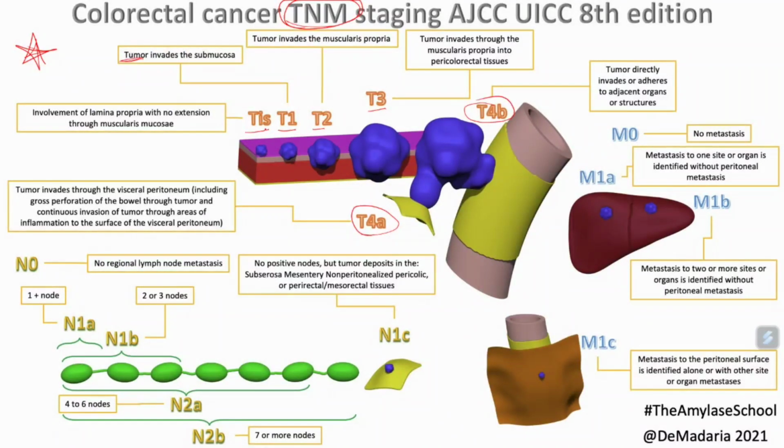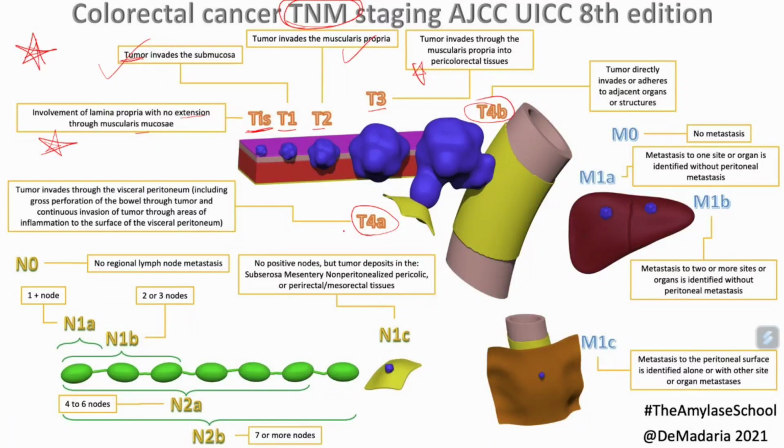In the first stage, TIS, there is involvement of the lamina propria with no extension through the muscularis. That means the tumor is seen only in the mucosa and submucosa layers. In T1, the submucosal layer is also involved. In T2, the muscularis layer is involved. And in T3, it involves the muscularis and pericolorectal tissue.